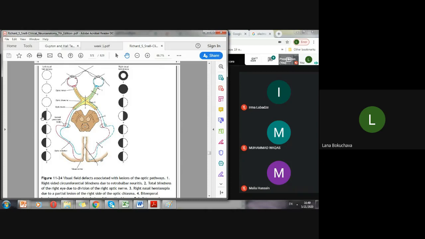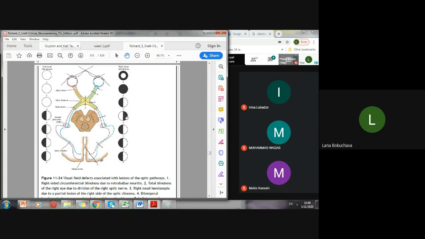Compared to number 3, where we have only the transection of the part of the optic chiasma on the right side, that's why it was ipsilateral. But in this case, both sides are lateral, and again we have the loss of half of the visual field.